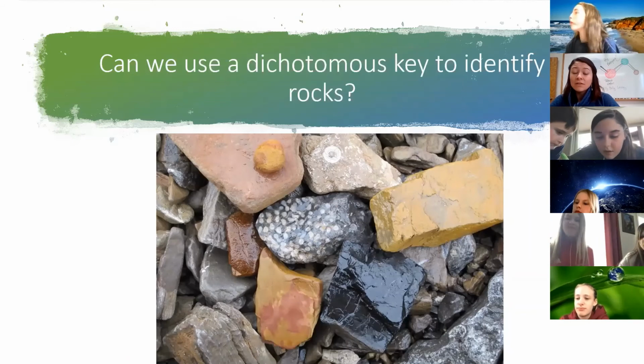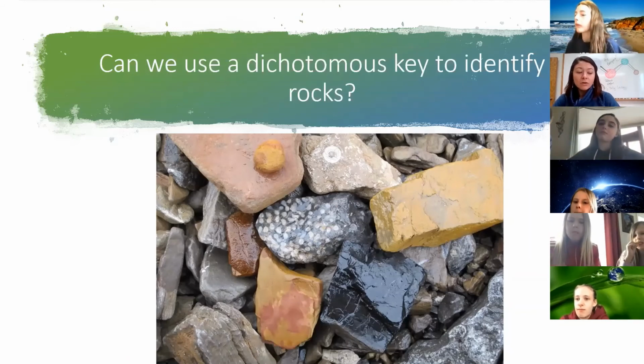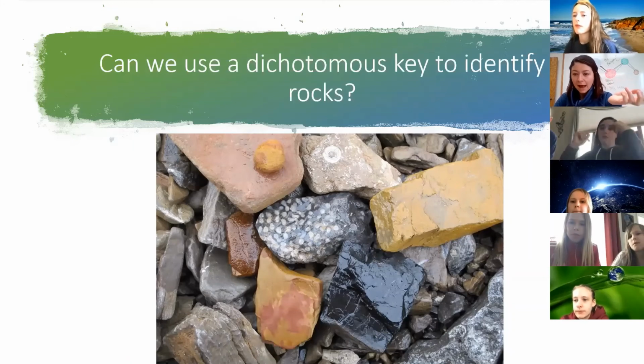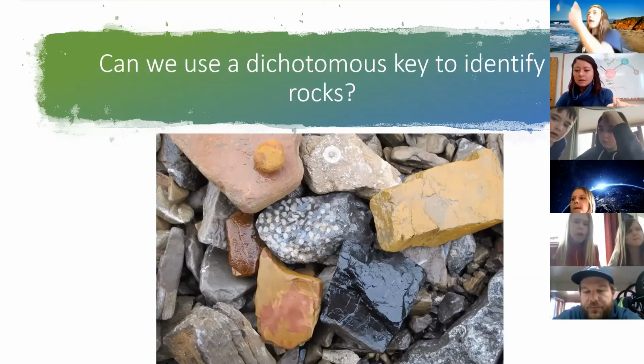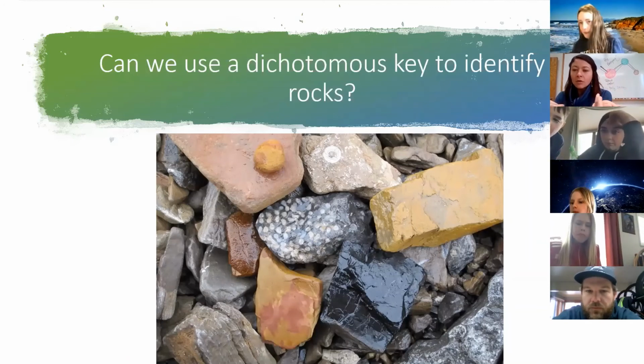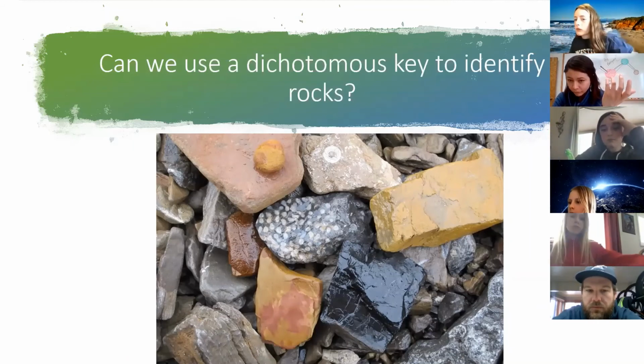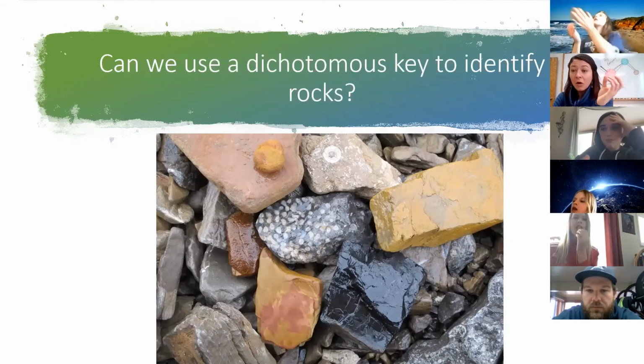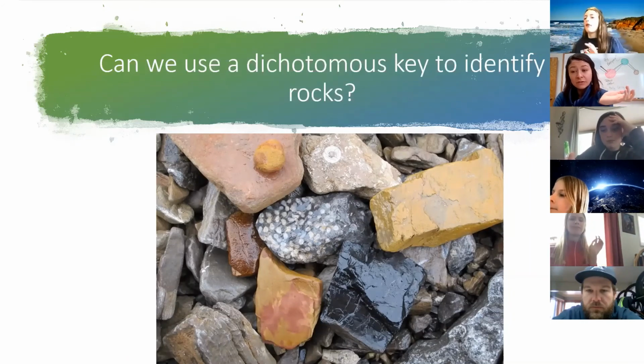But here's the thing with size and shape with rocks. Does every rock of the same kind always have the exact same shape and size? No, right? Because rocks are formed by breaking off of the earth. If you have a piece of granite, you can't say that all granite rocks are going to be that exact shape and size. They come in different shapes and sizes.